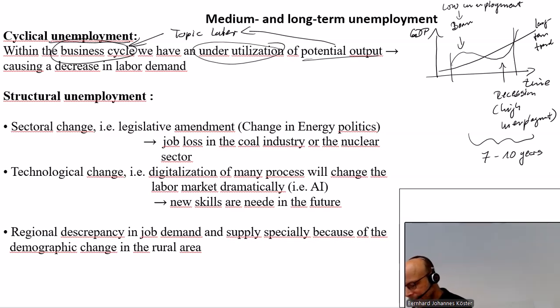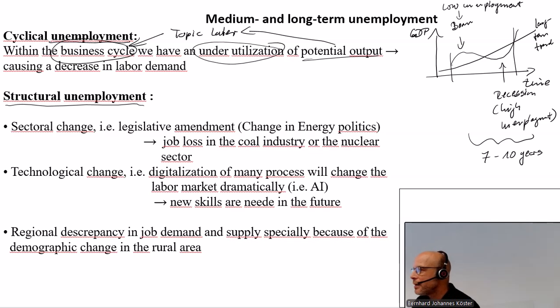Yeah, and the last one, of course, in the long run, the most important for the economy is the structural unemployment. And here we hope that we really make a good job, that you will be well educated.